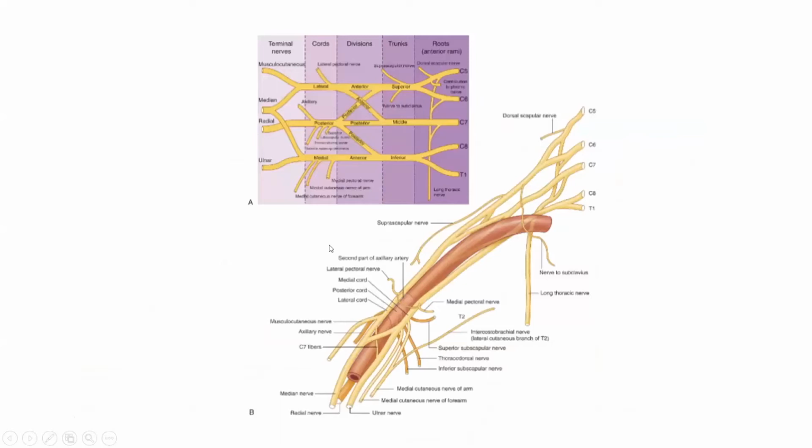So here is the same explanation: the brachial plexus is formed by the union of the ventral branches of the spinal nerves arising from the segments C5 till T1 of the spinal cord, and then they join together as the superior, middle, and inferior trunk. Then there are the anterior and posterior divisions, then the cords, and then the terminal nerves that I mentioned as the infraclavicular part.